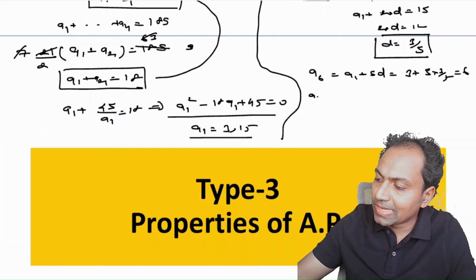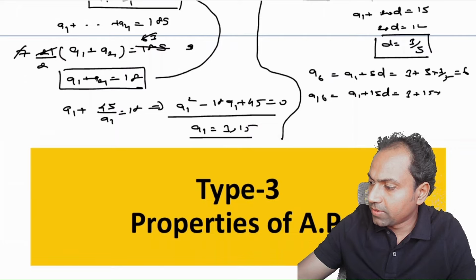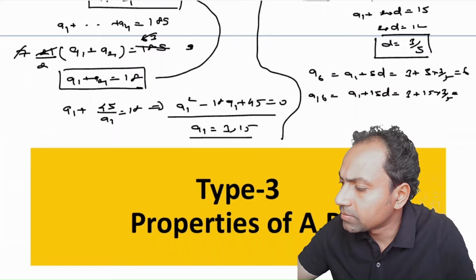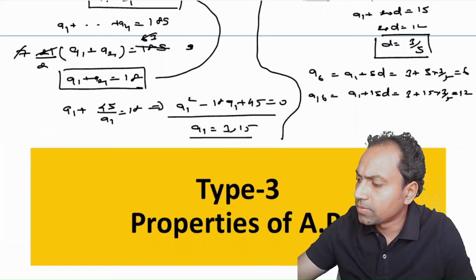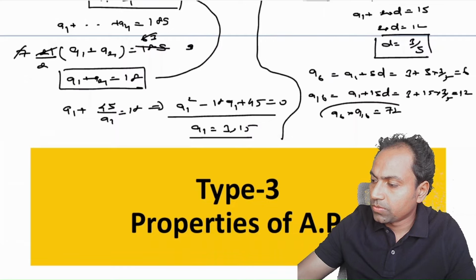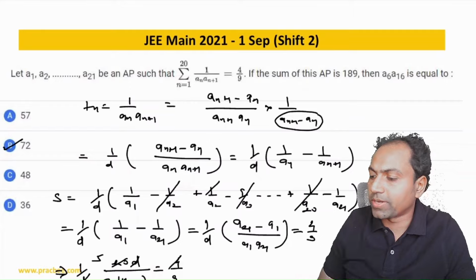And if you find your a16, it is a1 plus 15d, comes out to be 3 plus 15 into 3 by 5. And that is nothing but 12. So if I multiply a6 and a16, the answer is nothing but 72. You can go back to your options and check the B option comes out to be correct.